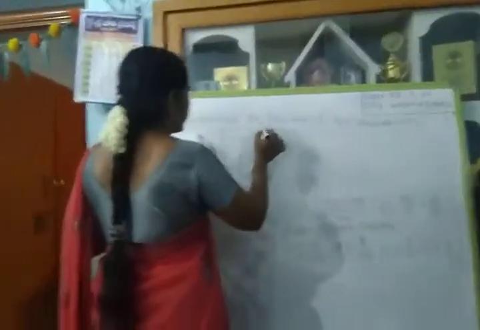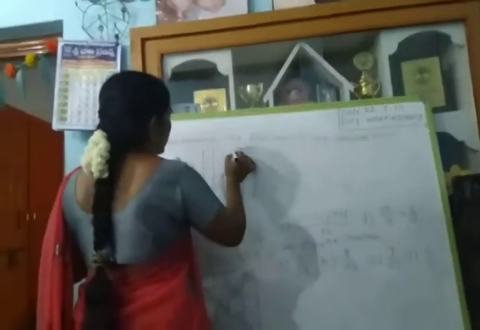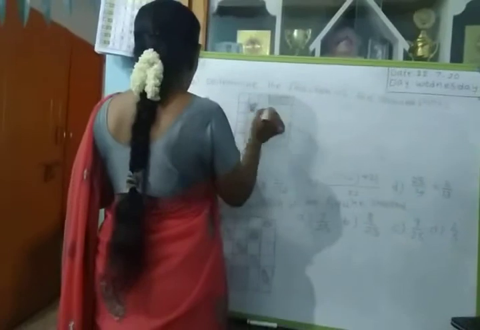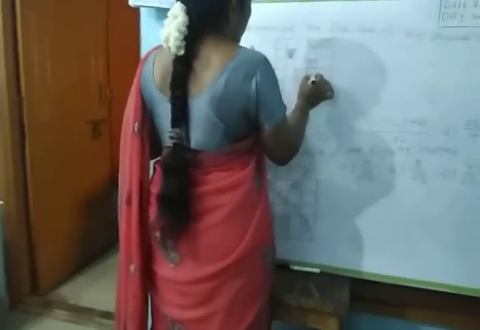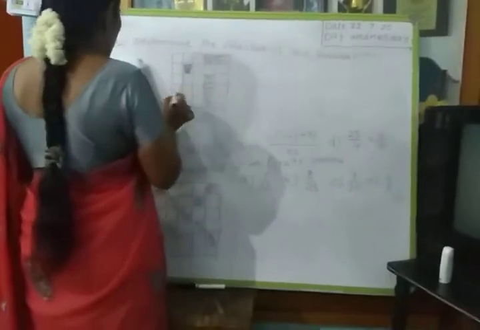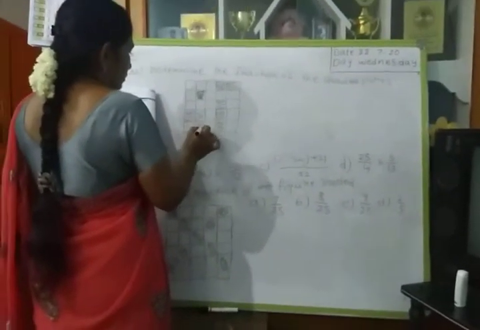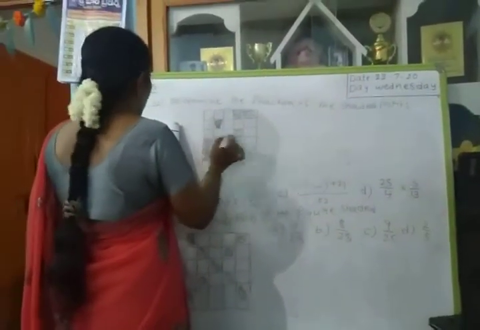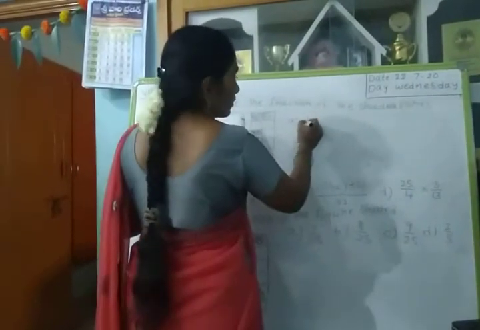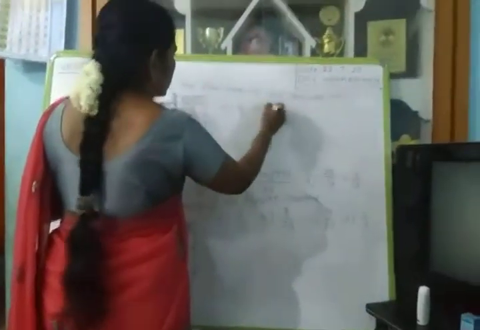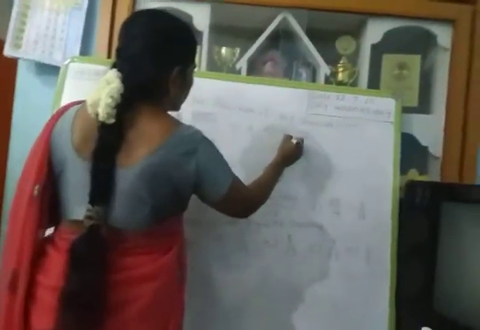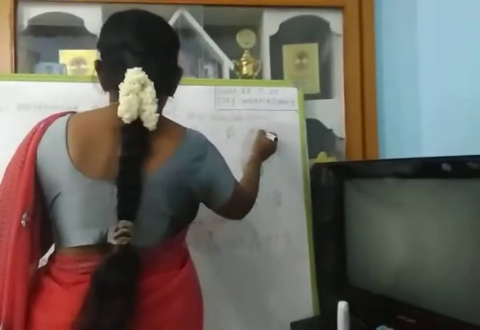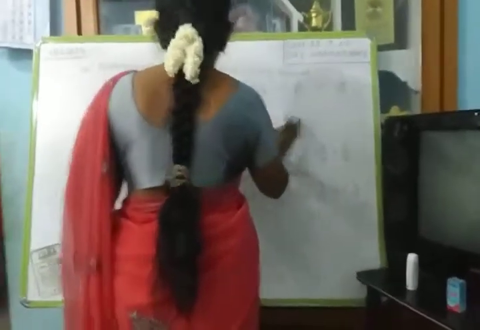So here shaded: first these two are shaded, and this one shaded, and these 3, and here 4. These 4 are shaded. So the options: A 2 by 5, B 11 by 25, C 12 by 25, D 4 by 5.